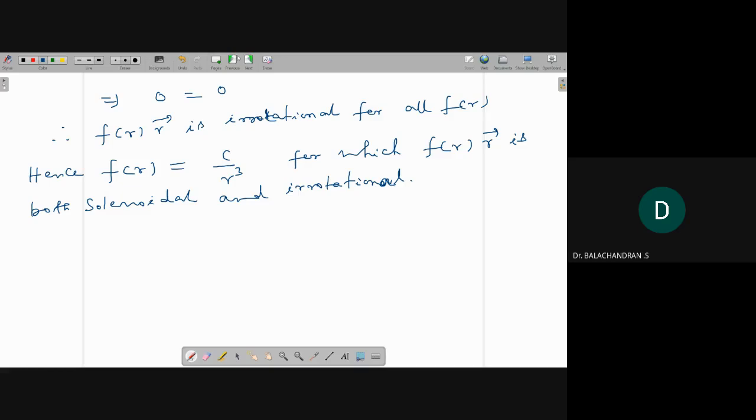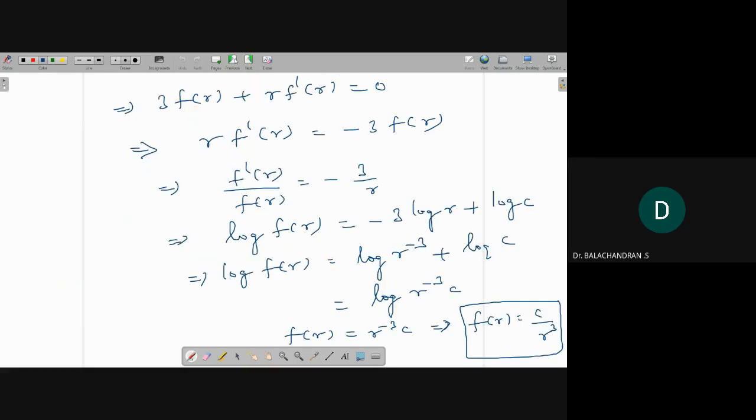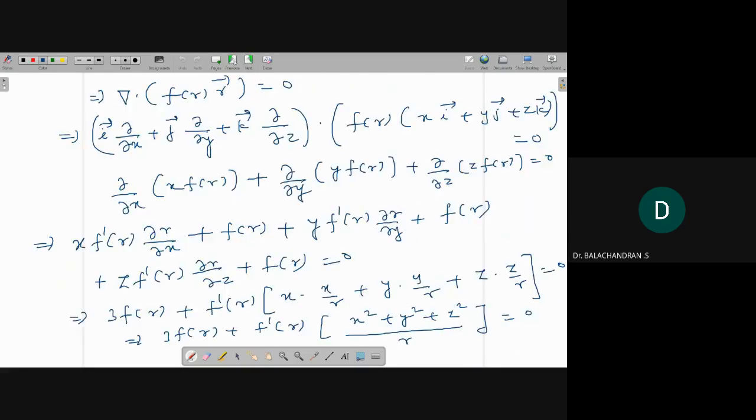Okay, so this is the first method. I told already there is a second method also. I'll just give the hint, I'm not going to do everything. The second method is del dot f of r into r vector.